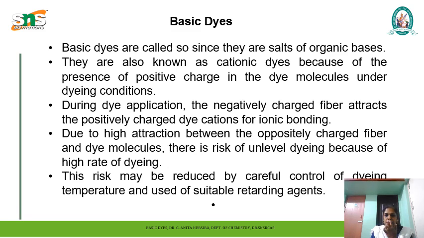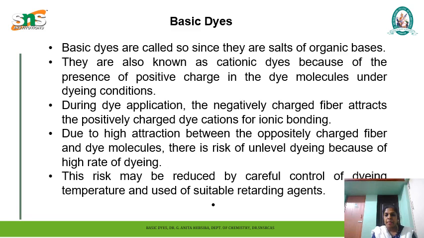Due to high attraction between the oppositely charged fiber and dye molecules, there is risk of unlevel dyeing because of high rate of dyeing. This risk may be reduced by careful control of dyeing temperature and usage of suitable retarding agents.